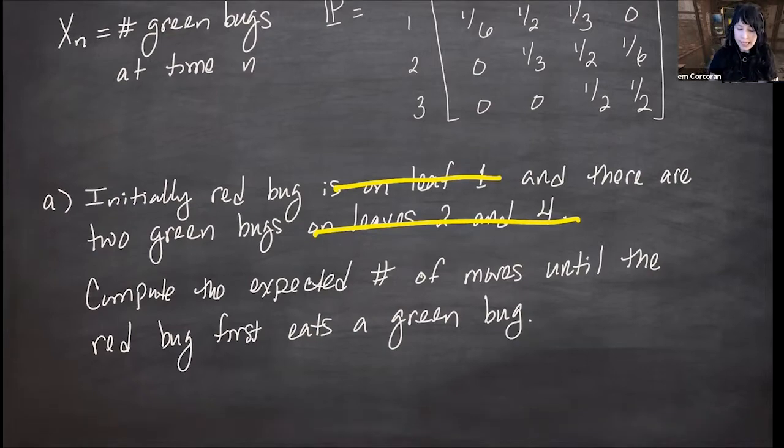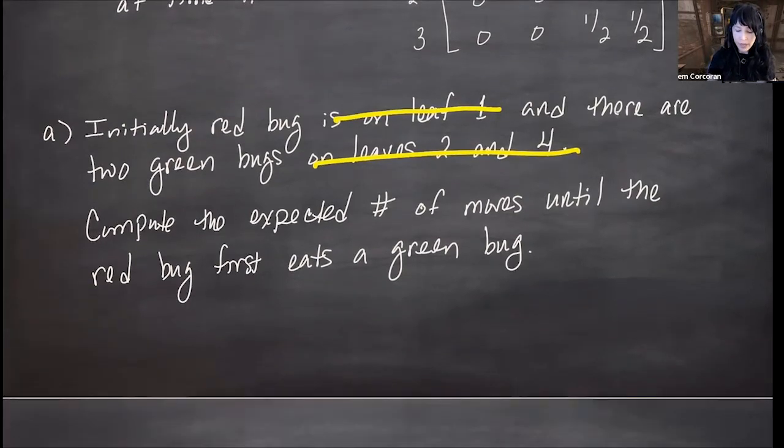I think it would be natural for you to say, okay, I'm starting with 2 green bugs, so x0 is 2.